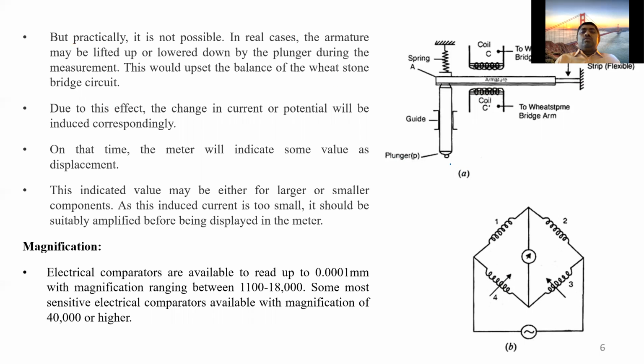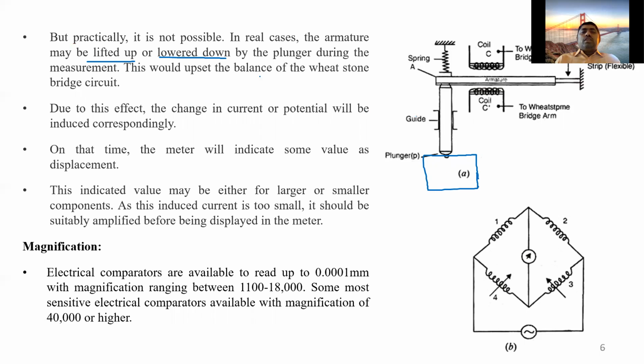So this comparator we are using for checking the limits of the dimensions of the component. We place the work or job under the plunger. If there is any deviation, the plunger moves up or down depending upon the size of the component during the measurement.